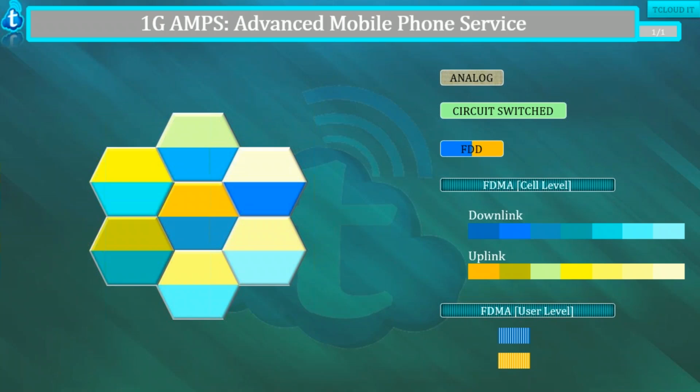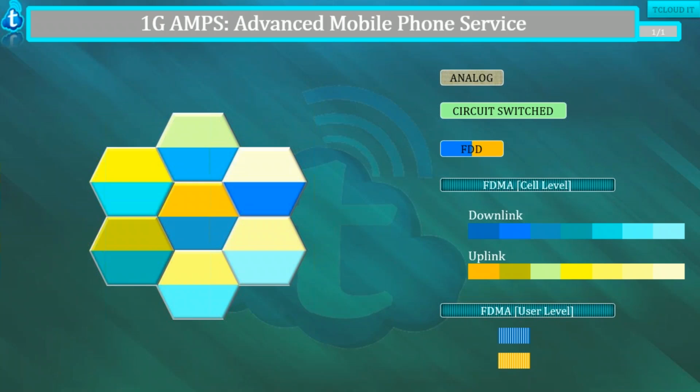What happens next after this? In every cell, there would be a lot of users, a lot of mobile phones operating. So what do you allocate to each mobile user? Again, we used to apply FDMA in this 1G technology.